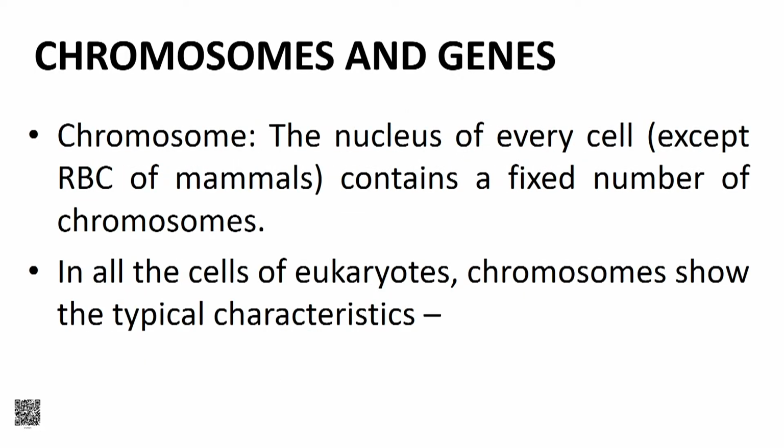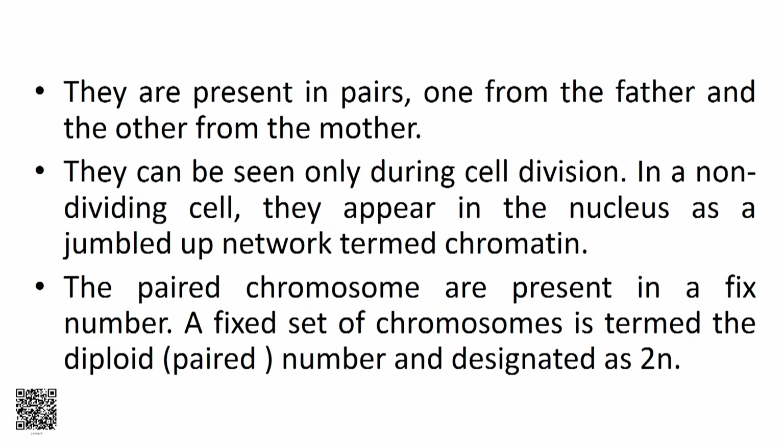The nucleus of every cell contains a fixed number of chromosomes, and in all the cells of eukaryotes, chromosomes show typical characteristics. They are present in pairs, one from the father and another from the mother.